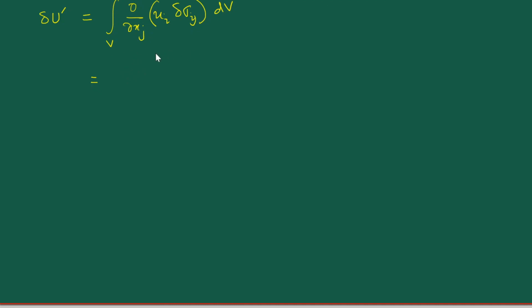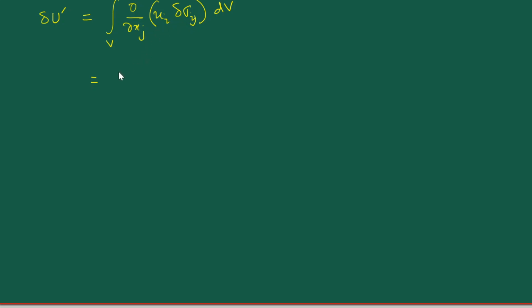As I was saying, we can use the Gauss divergence theorem here to convert this volume integral into a surface integral, because we note that this is the divergence basically. This entity within the bracket, here i is repeated, so this is basically just like a vector, and that vector is represented by the single index j, and because we have this del del xj, it is like the del del xj of some vj, where vj is the vector representing this entire thing, so that is like the divergence of the vector.